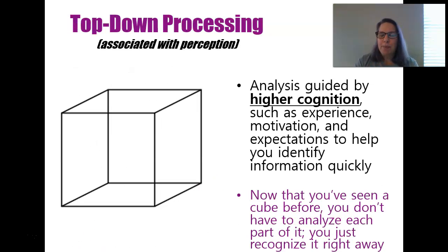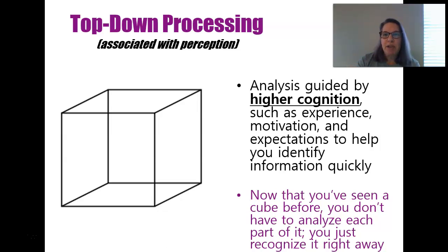Whereas its opposite, or its confusing pair, so put a star next to these because it is a set of confusing pairs, is top-down processing. So this is more associated with perception. So this is analysis that is guided by higher cognition.